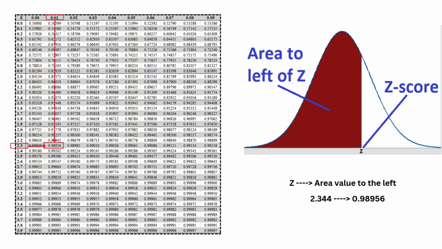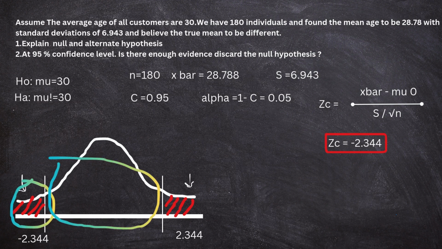In this z-score table, we need to find the row with a value of 2.3 and the column with the value of 0.04, because our z-score is 2.34. The area value at the intersection of that row and column, as we can see here, is 0.98956. This is the area value that corresponds to a z-score of 2.34.